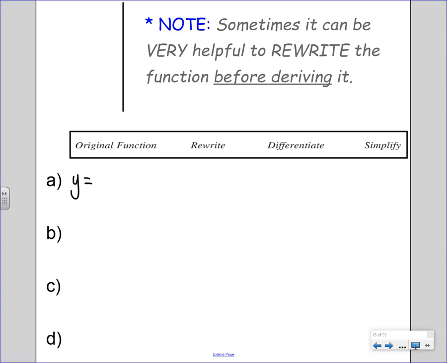What if you were supposed to derive 3 square root of x? Or what if you're supposed to derive 4 over x squared? Or what if you're supposed to derive y equals the cubed root of x squared?